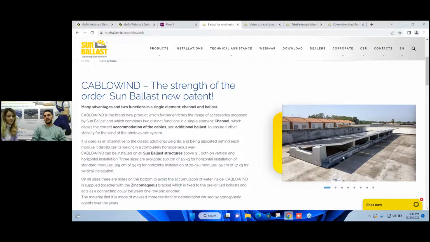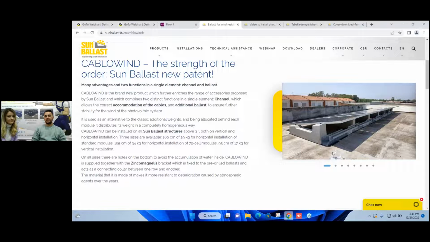It plays the role of the windbreak that you see daily with any other structure. We came up with cable wind. We invented it, developed it, did the research, checked it, and tested it, and now it's on the market and it's moving really well.